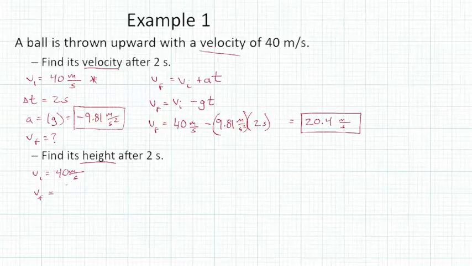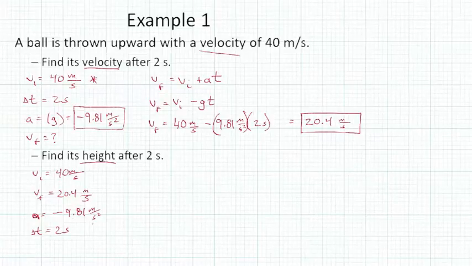Our final velocity is 20.4 meters per second. Our acceleration is still negative 9.81 meters per second squared. And that should be an a right there. That's a pretty horrible a. And our elapsed time is 2 seconds.